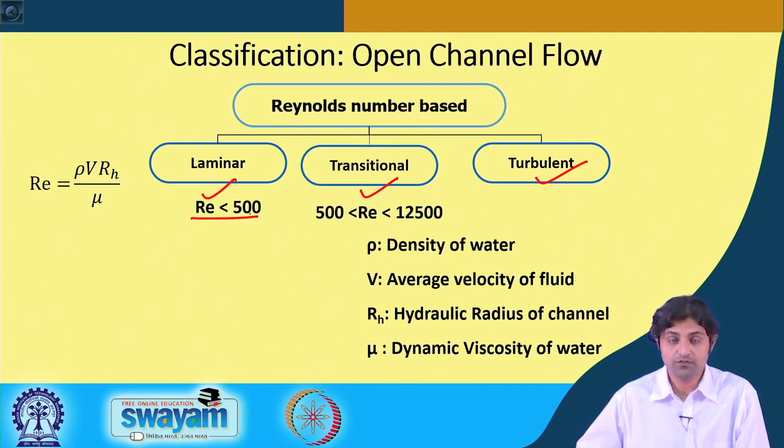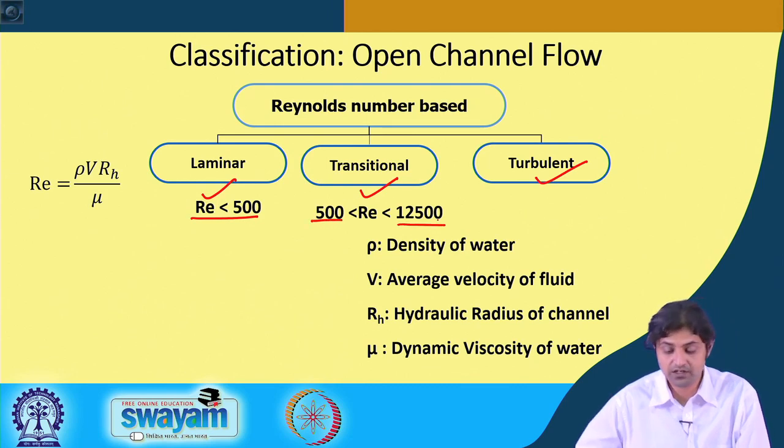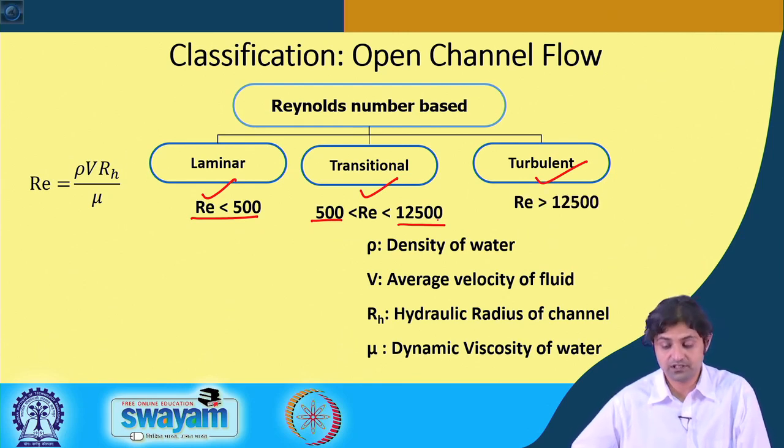Between Reynolds number 500 and 12,500, the flow is in the transitional regime, and if the Reynolds number is greater than 12,500, the flow is fully turbulent.